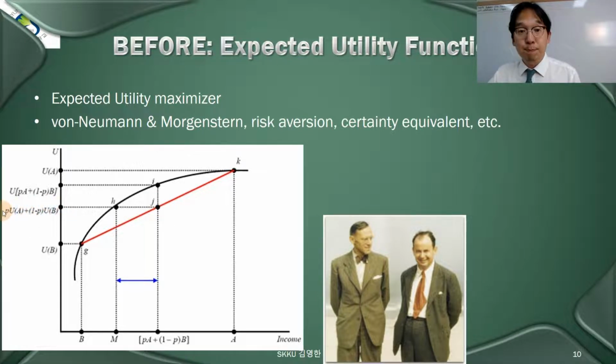P is the probability of having A, and 1 minus P is the probability of having B. So P and 1 minus P times UA and UB respectively, and adding it. That's our expected utility associated with the coin flipping. That's this level. Fine. So whatever expected utility I can get, I will go for the highest expected utility game. That's my rule of thumb.